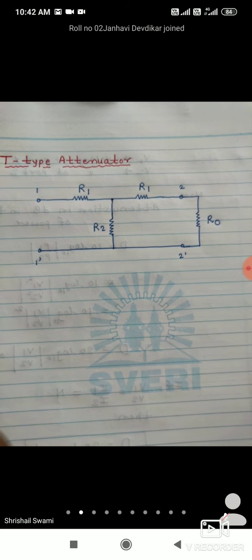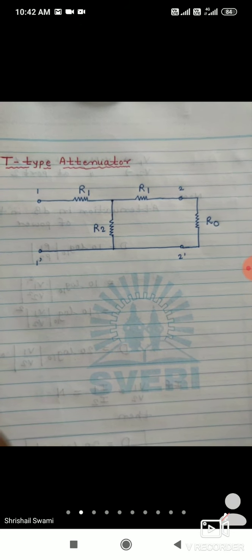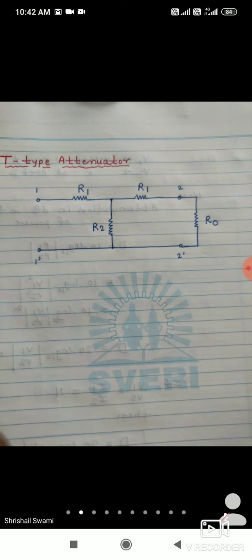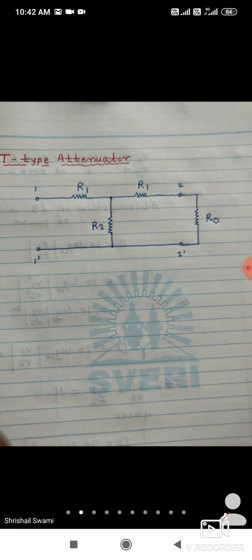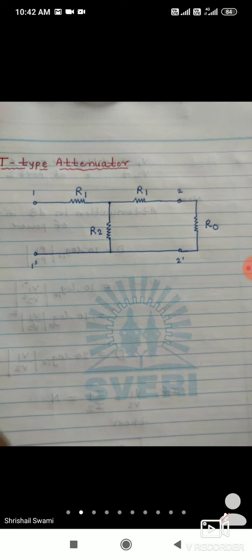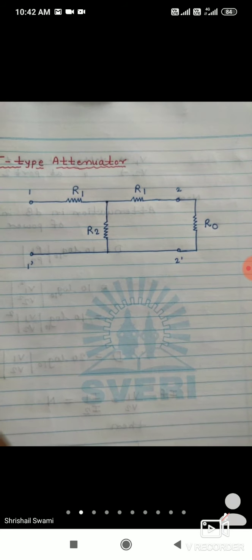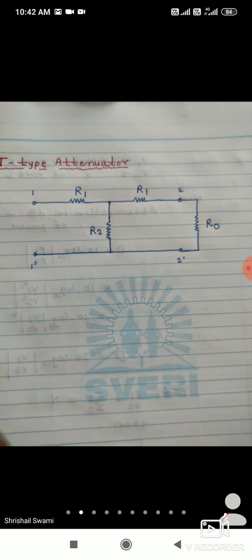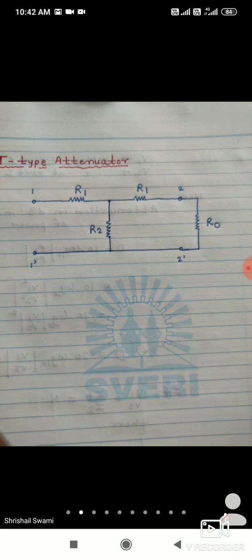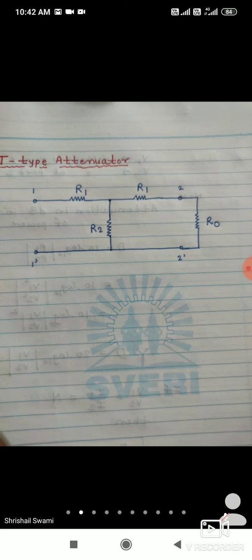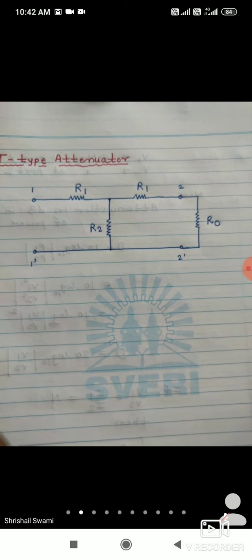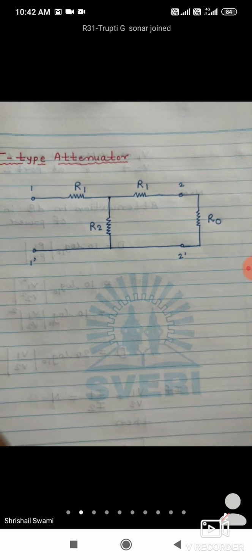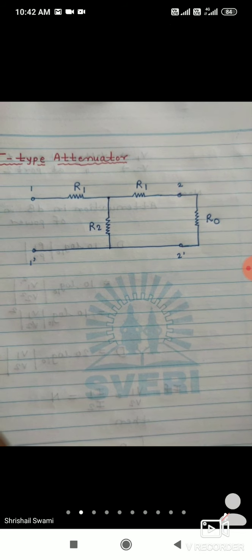So to measure these two parameters, one is the characteristic impedance Z0 and the second is the propagation constant, the condition is that the second port must be terminated with the load impedance, the design impedance, the characteristic impedance, that is R0. That is the condition to analyze the two parameters: characteristic impedance Z0 and propagation constant gamma.